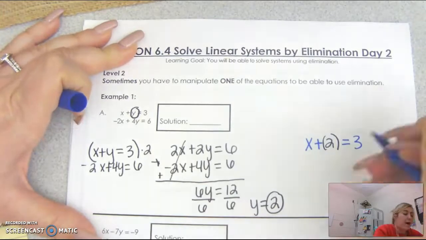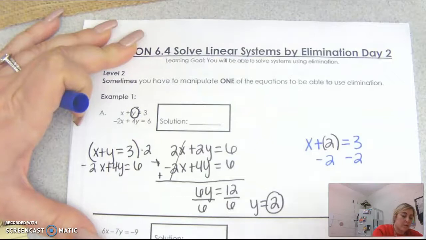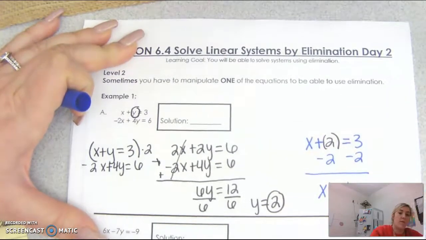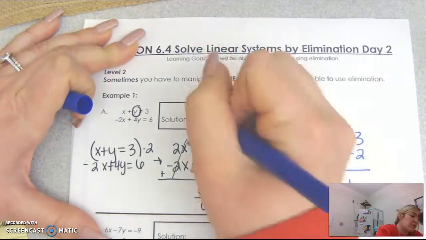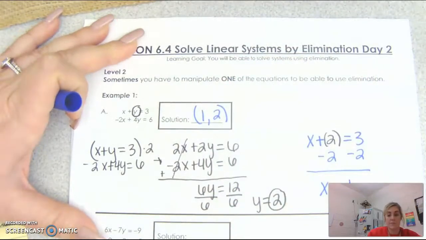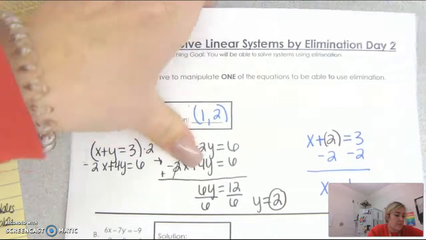In order to solve for x, I need to subtract 2 on both sides, and I get x equals 1. So my solution here will be (1, 2).